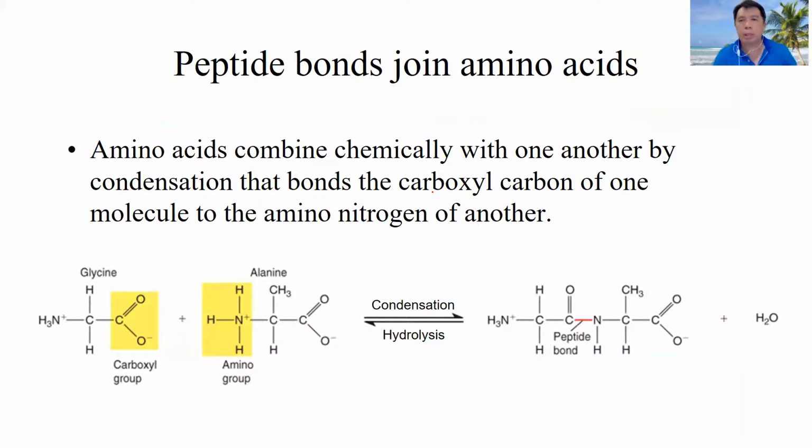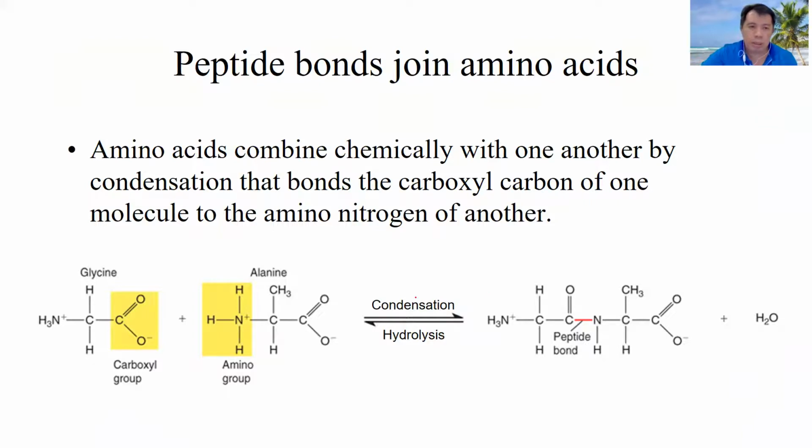So these amino acids are able to form a polypeptide. First, two amino acids combine chemically by a process called condensation to form a dipeptide.